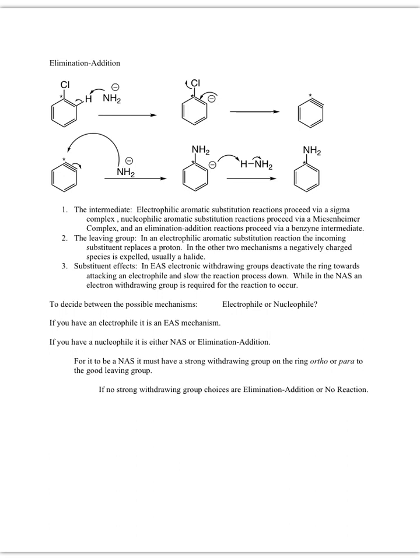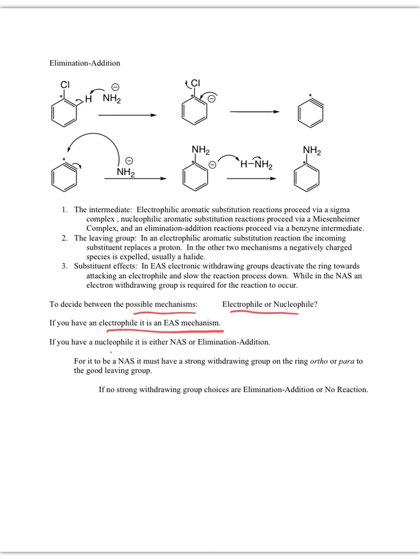And then we have the elimination addition reactions where we go through the benzyne intermediate. So we need to be careful. What do we have as possible to what can happen? So to decide between the possible mechanisms, do we have an electrophile or a nucleophile? If you have an electrophile, it is an EAS mechanism.